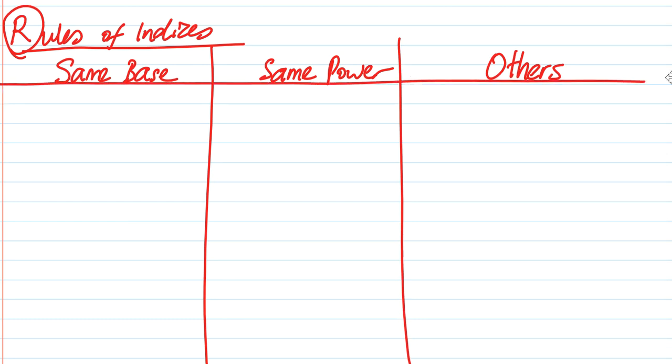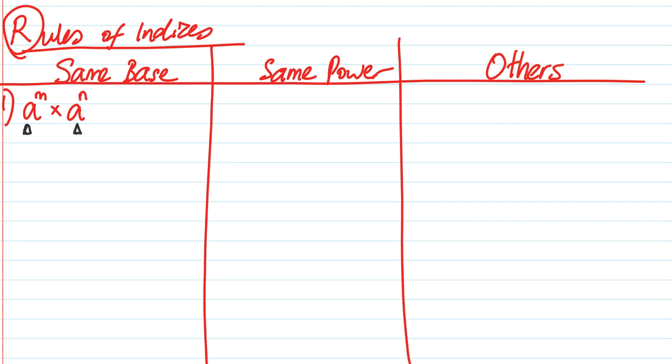And here we go. So the first rule of indices is a to power m multiplied by a to power n. Okay, now do you see that they have the same base? The base is a, the power is m, and n.